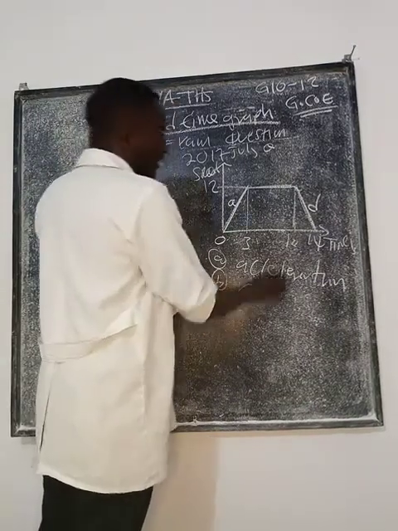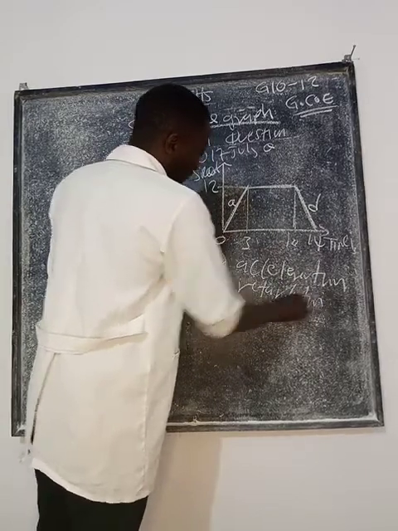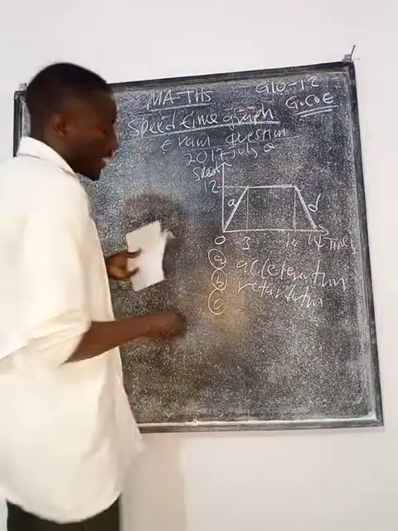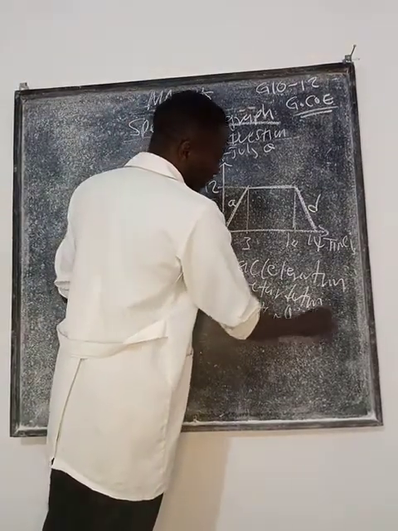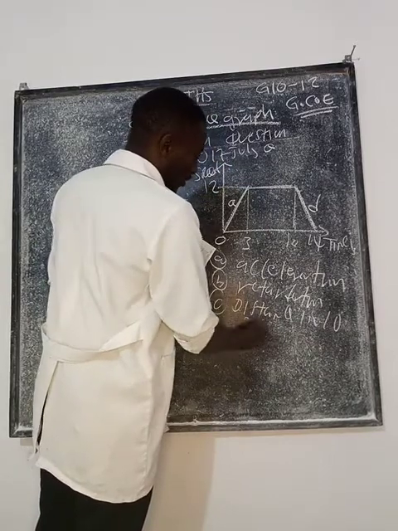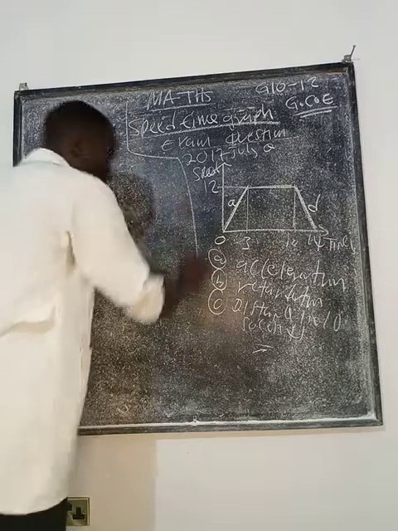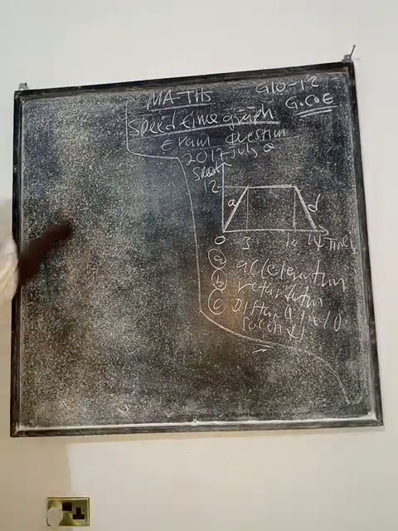And the last one asks for the distance covered in the first 10 seconds. So they are looking for distance in 10 seconds. So this side will be solving, the other side will be this. So let's get to it.